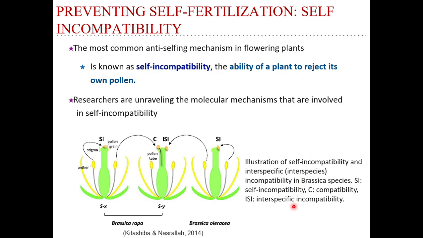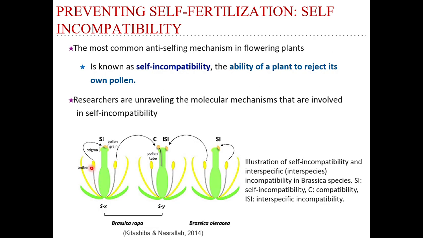This is the illustration of self-incompatibility and interspecific incompatibility, also known as interspecies incompatibility, in Brassica species. SI denotes self-incompatibility, C compatibility, and ISI interspecific or interspecies incompatibility.